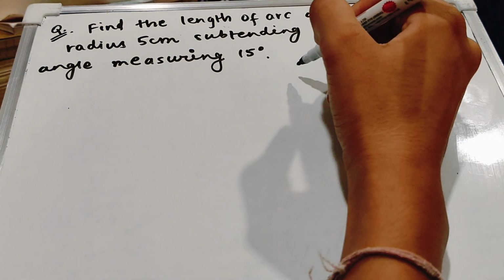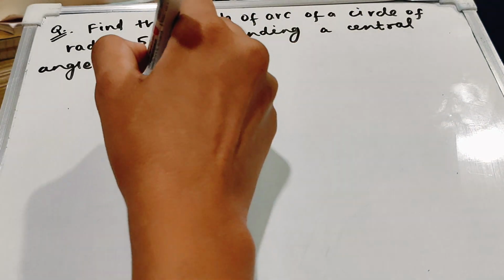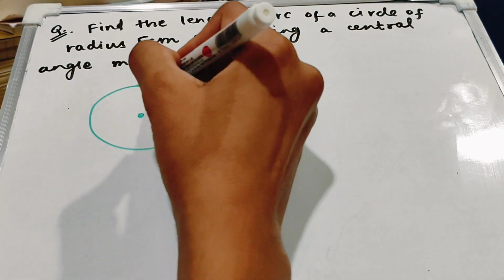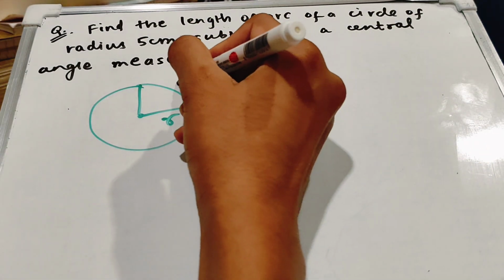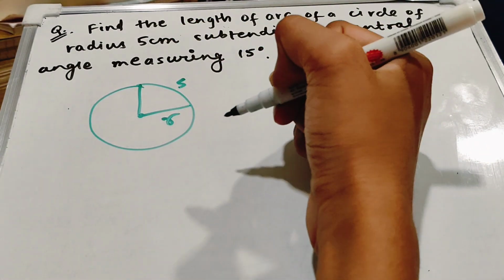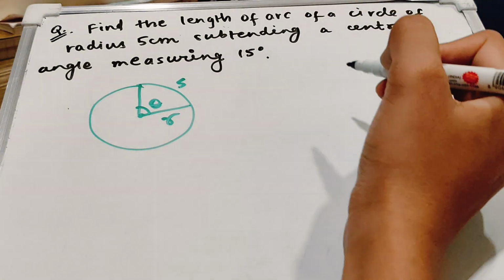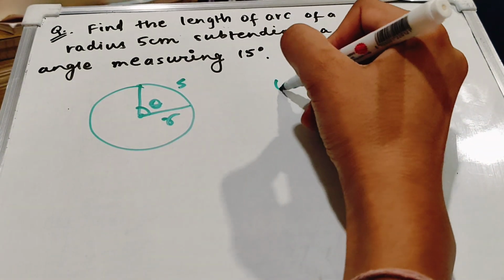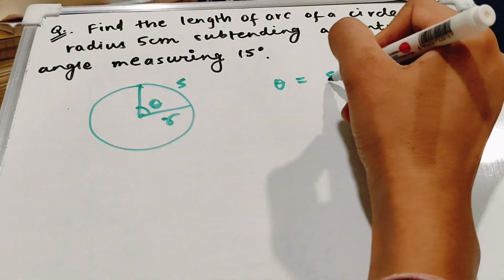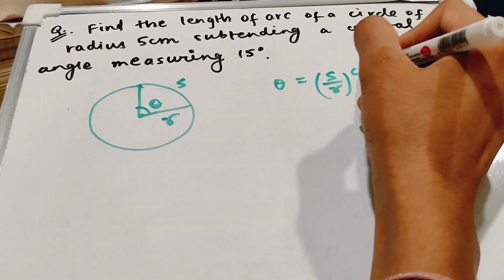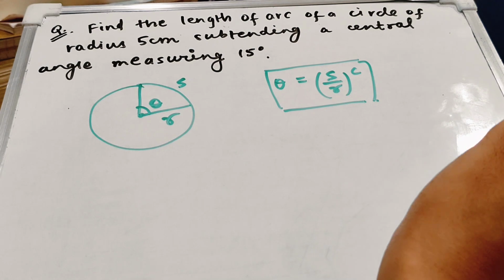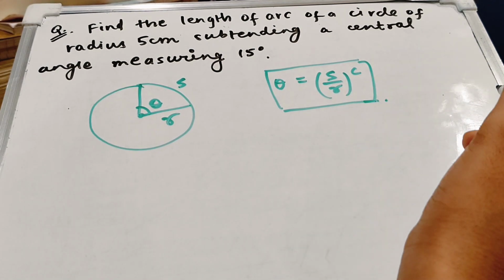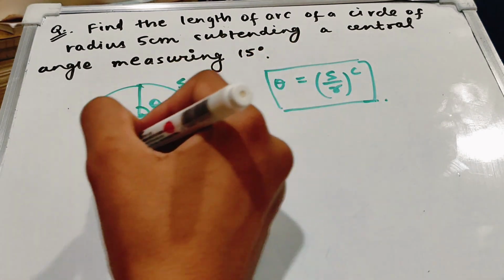We studied that in a circle, if r is the radius, if s is the length of the arc and theta is the angle subtended, theta is equals to s by r radians, right? We had studied this when we were covering the theory of the chapter.